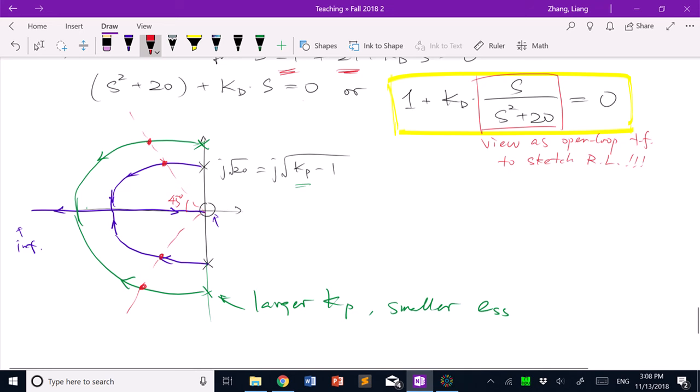And that will satisfy stability, right? It's on the left hand side, so check. Steady state tracking error is guaranteed by how you choose the position of the KP. And the transient, well, preliminarily it can be satisfied as long as I choose the points along this 45-degree angle curve.